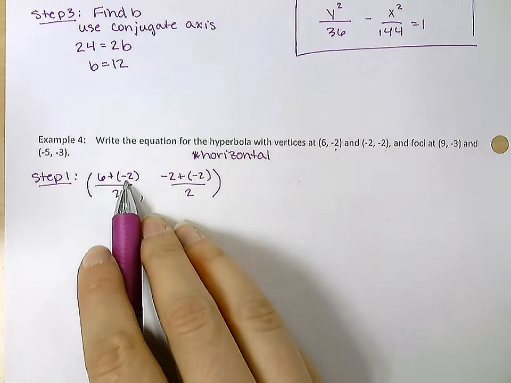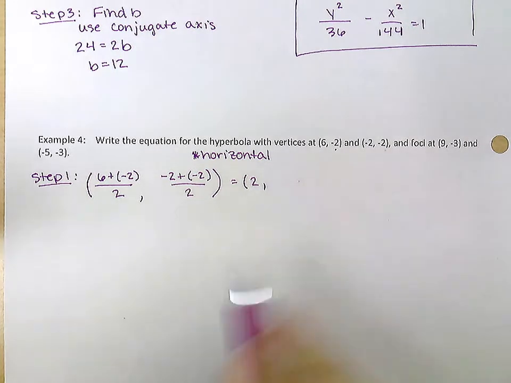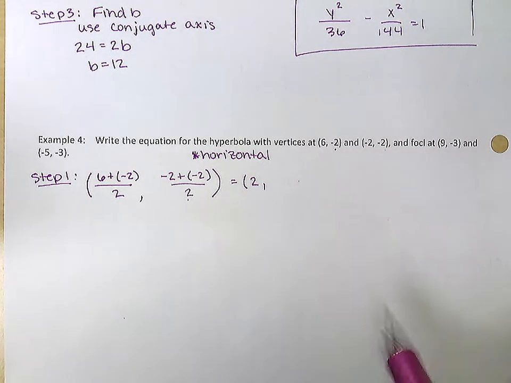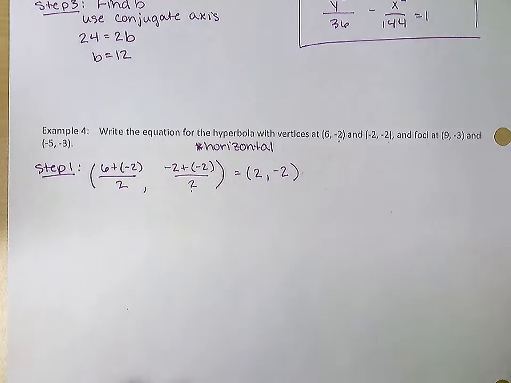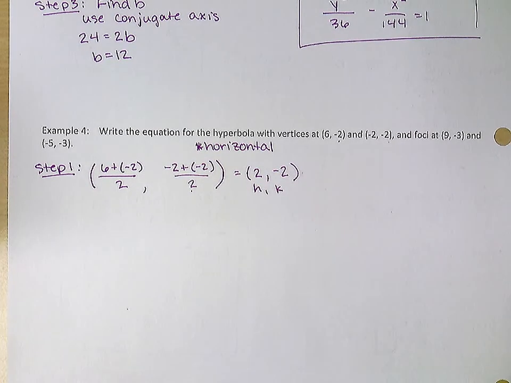So 6 minus 2 is 4. 4 divided by 2 is 2. -2 plus -2 is -4, divided by 2 is -2. So this will be our h and k value this time around.